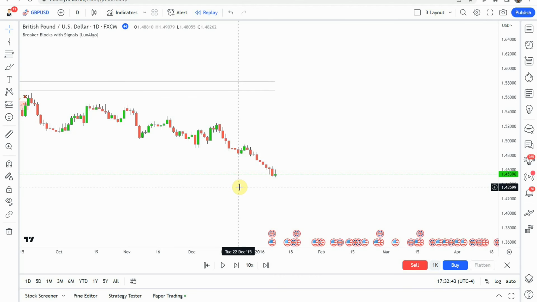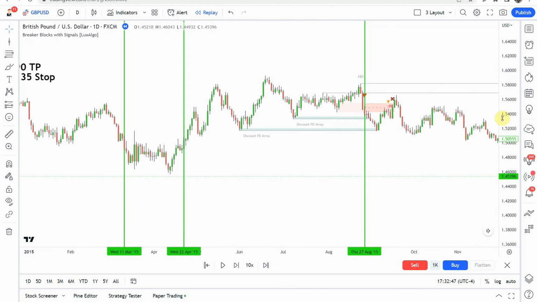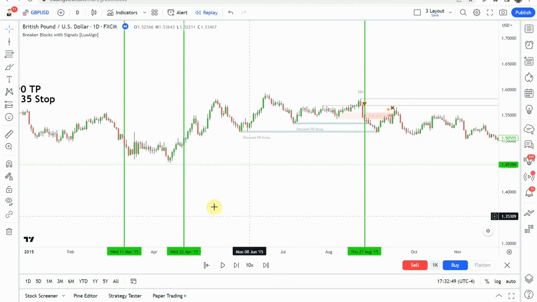Back to the indicator here, let's go ahead and scroll back. Pretty easy there. We got 1, 2, 3 trades, and all of them are winning trades. That's going to put us at a 100% win rate. Of course, we're going to test this more thoroughly once it comes around in the advanced testing, but this is a prime example of why I made the small tweak that I did, so that we could get a little bit more trades out of it.